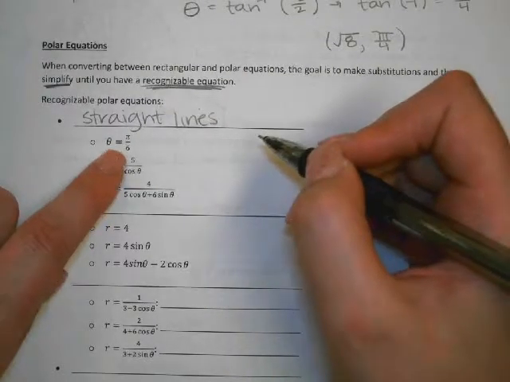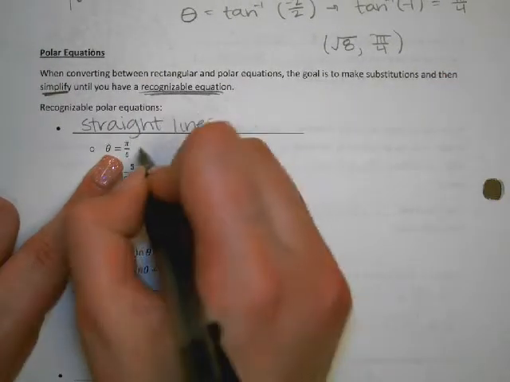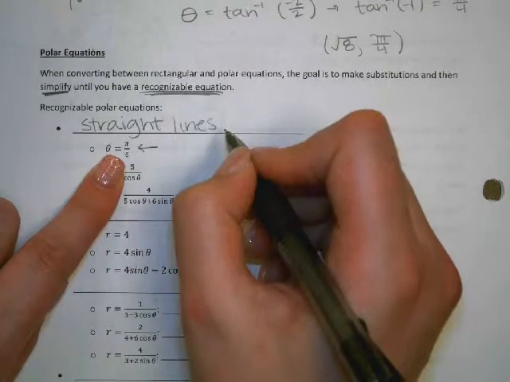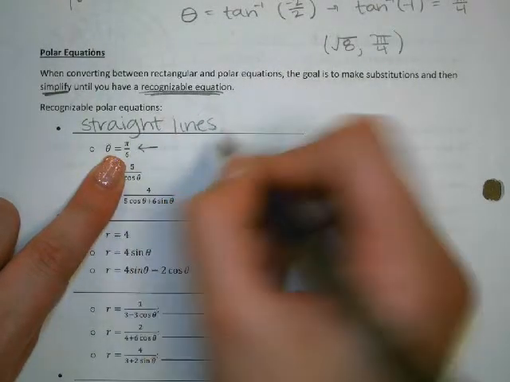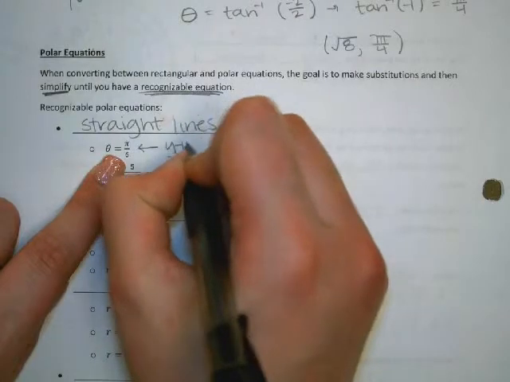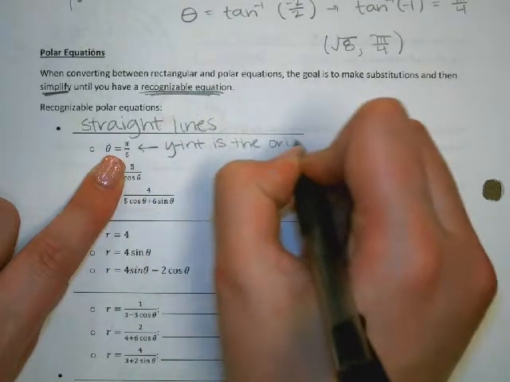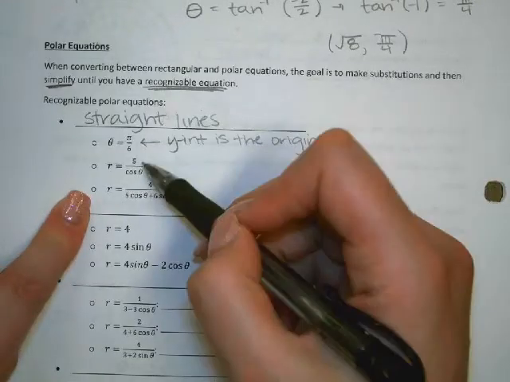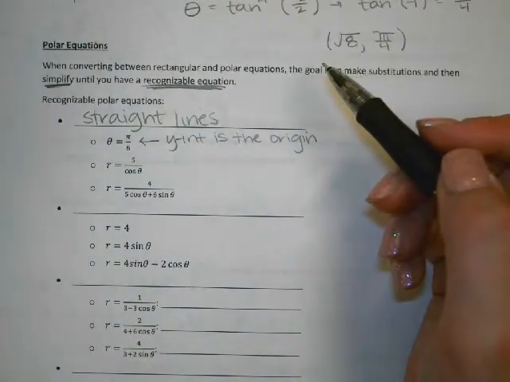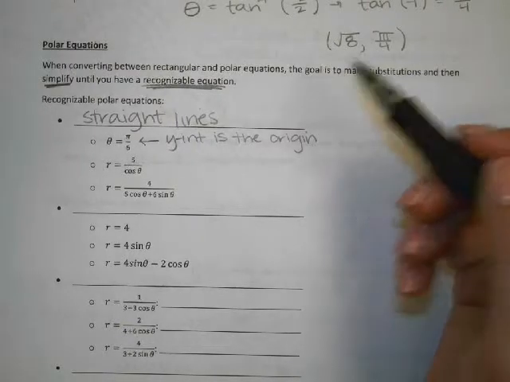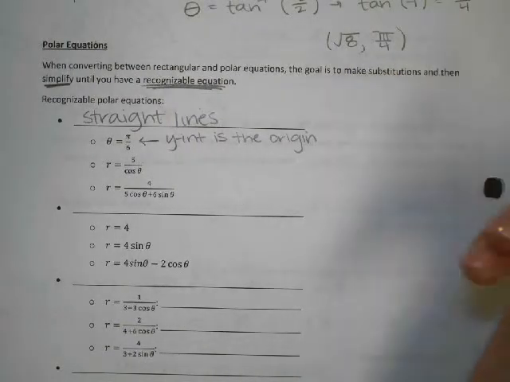One of the 2 exceptions is this right here, and this is a straight line where the y-intercept is the origin. Okay, so I'm going to say y-intercept is the origin. And so that means these are straight lines where maybe it's a completely vertical line, maybe it's a completely horizontal line, or maybe it has a y-intercept that's just not in the middle of the graph.